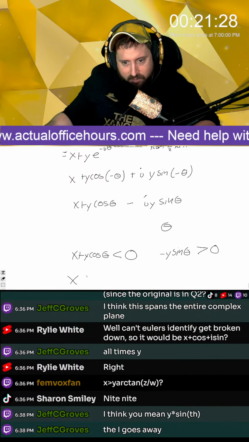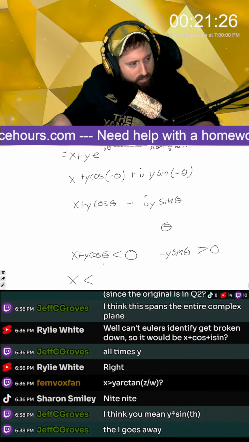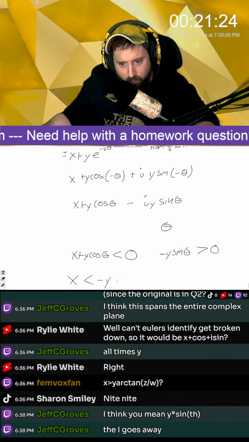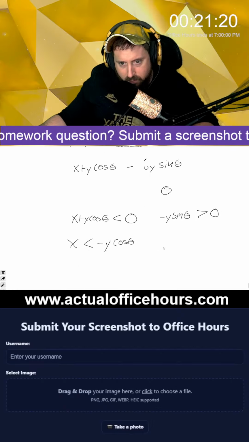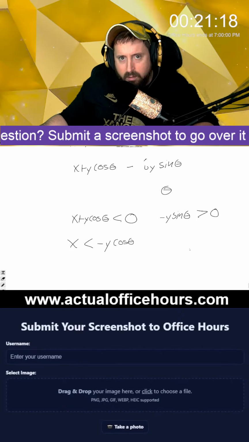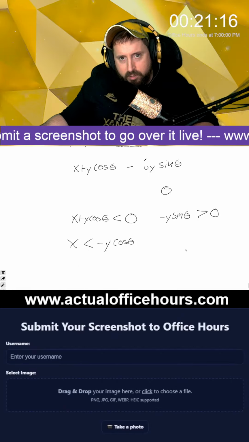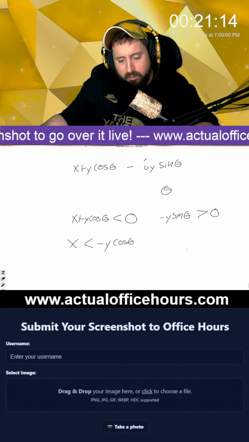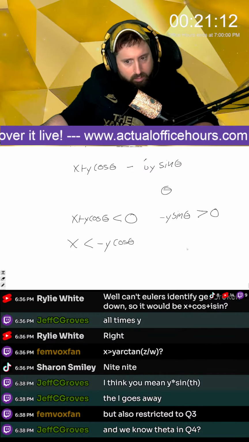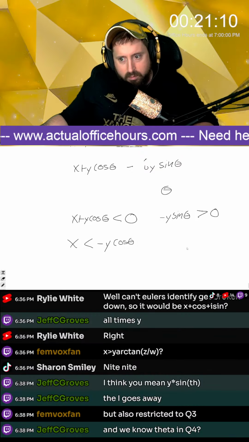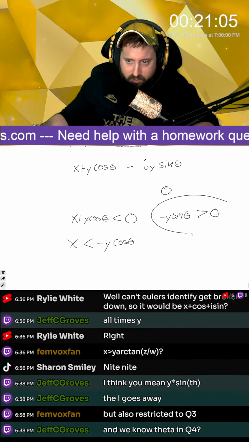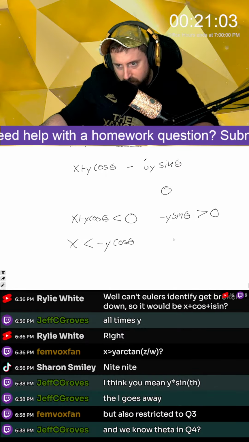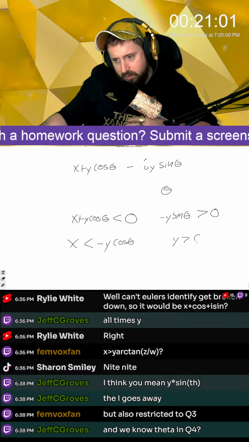Okay, so x is less than negative y cosine theta, right? But also restricted to Q3. Sure. And what does this tell me? Just tells me y is greater than 0, right?